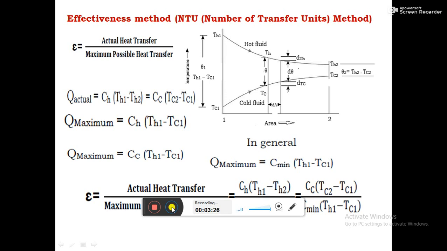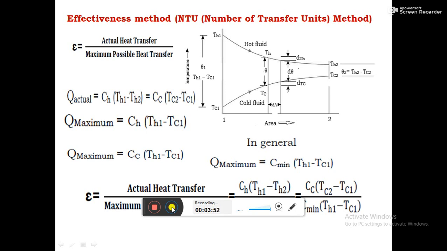Now, in a heat exchanger, if the length of the heat exchanger is increased to infinity, the temperature of the hot fluid can be reduced from Th1 to Tc1, and simultaneously the temperature of the cold fluid can be raised from Tc1 to Th1.